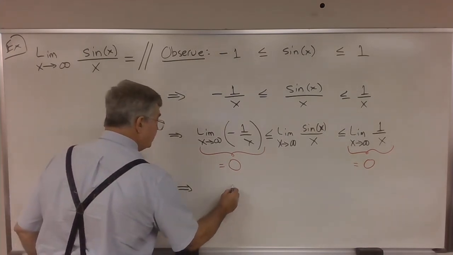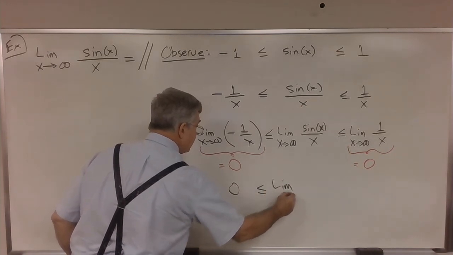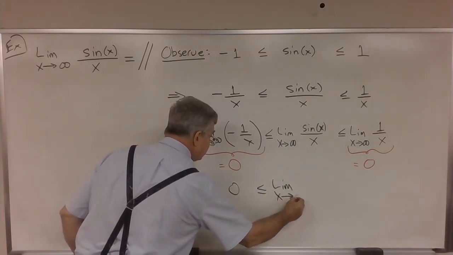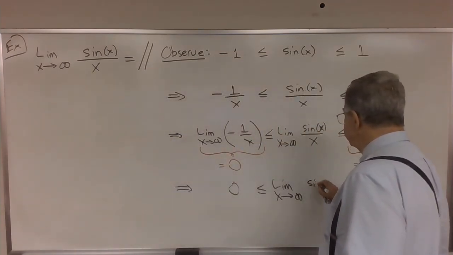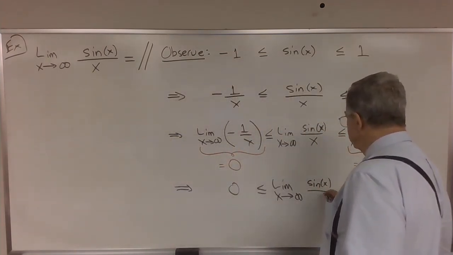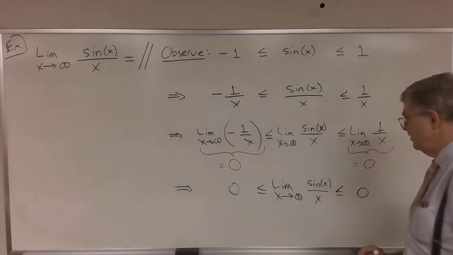Let's see. We get 0 less than or equal to the limit as x approaches infinity of sine of x over x, less than or equal to 0.